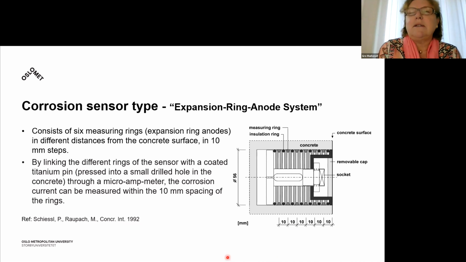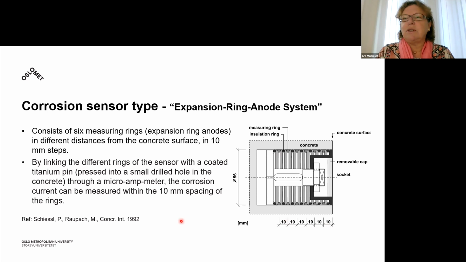And what did we use? Yes, it was a corrosion sensor, which is called the Expansion Ring-Anode System, which is illustrated to the right, where we have measuring rings or expansion ring anodes. There are 6 of them with a distance of 10 millimeter between each of them.